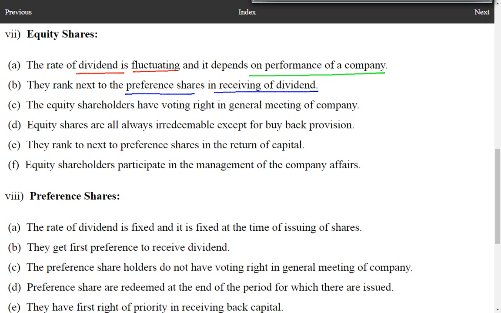In other words, they have second preference as compared to preference shareholders for receiving of dividend. The third property, equity shareholders have voting right in general meeting of a company. So they have voting right.